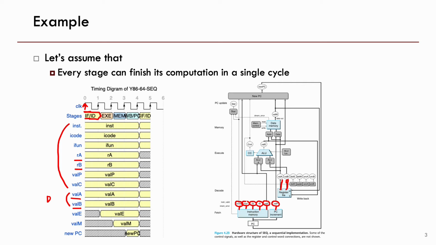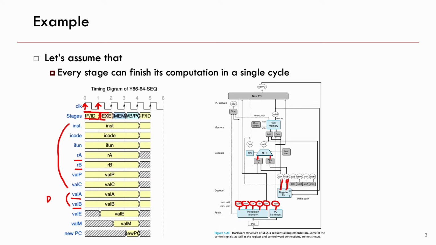Then at cycle 0, val A and val B are also available, so in the next cycle, cycle 1, we can start the execution stage.